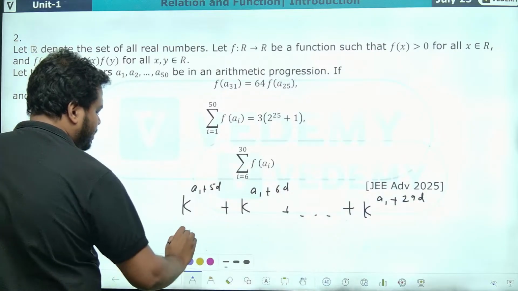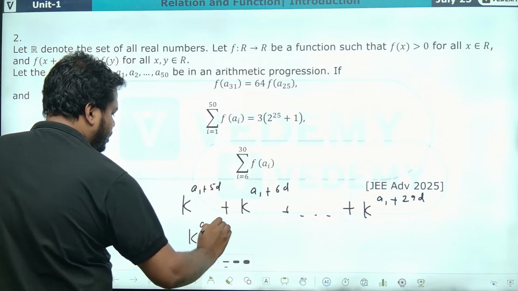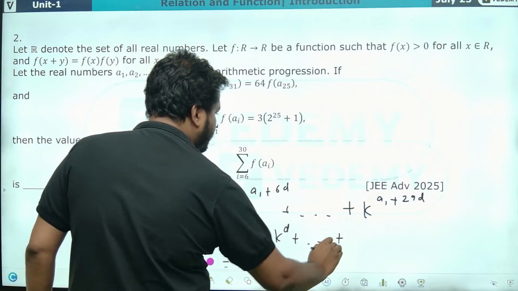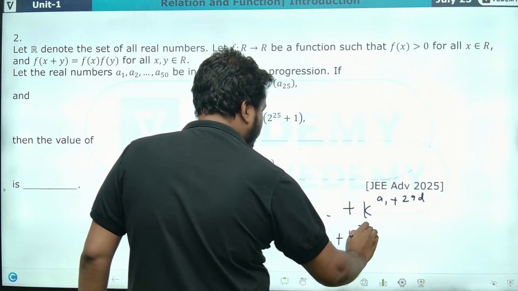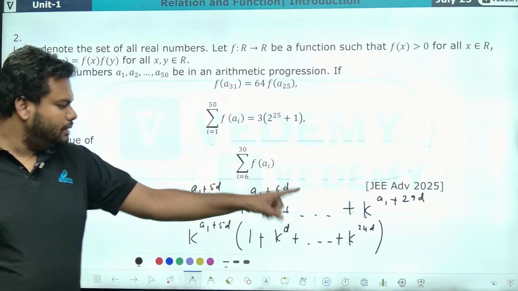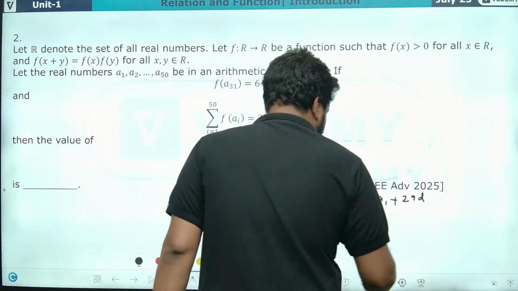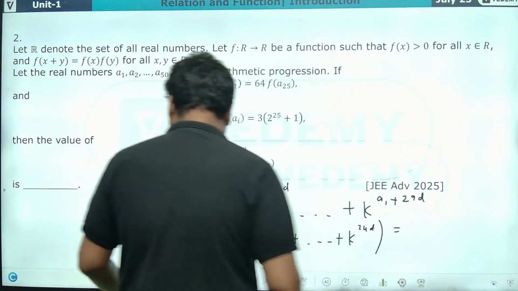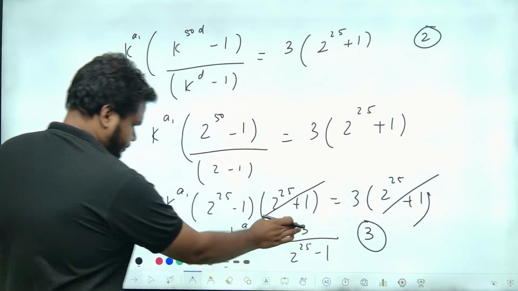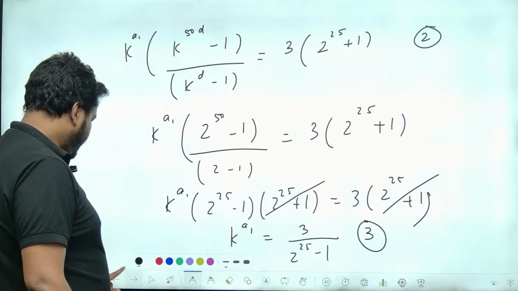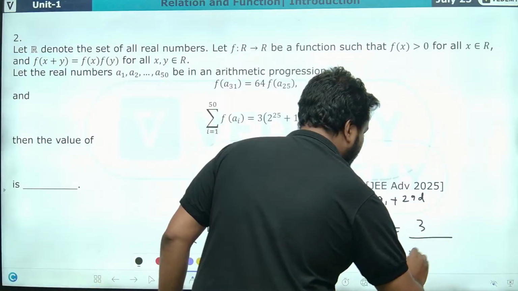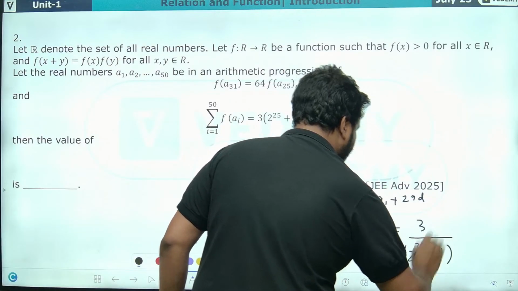K power A1 plus 5D is common. 1 plus k power D plus up to k power 24D. It is again GP. K power A1, what is k power A1? Use this from 3: 3 upon 2 power 25 minus 1.